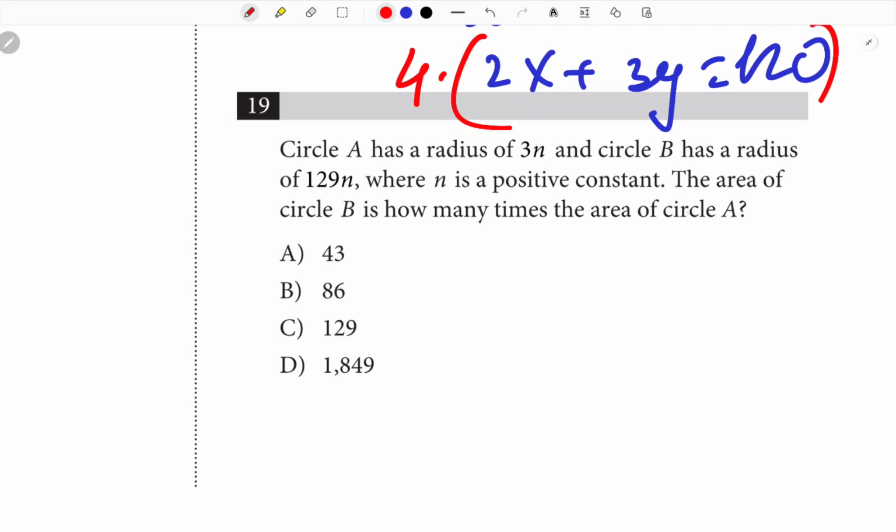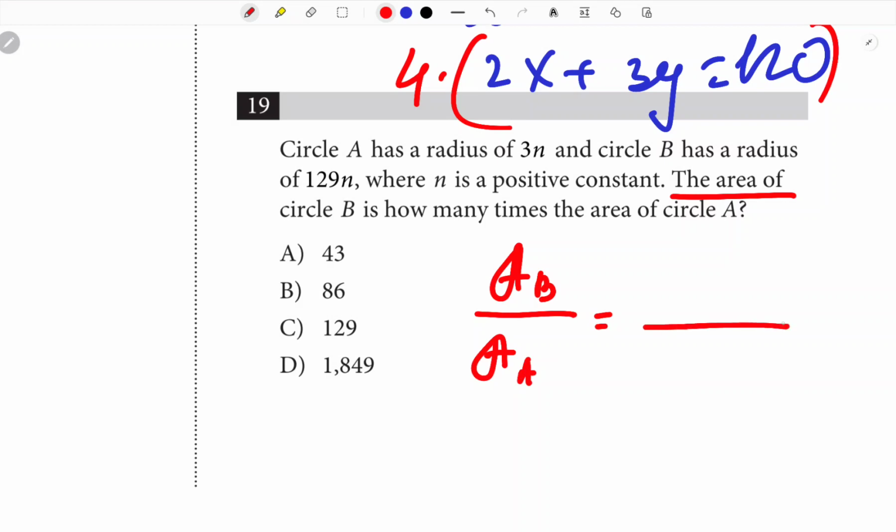Okay, area of B divided by area of A. So radius of A, radius of B, and area is equal to pi r squared.